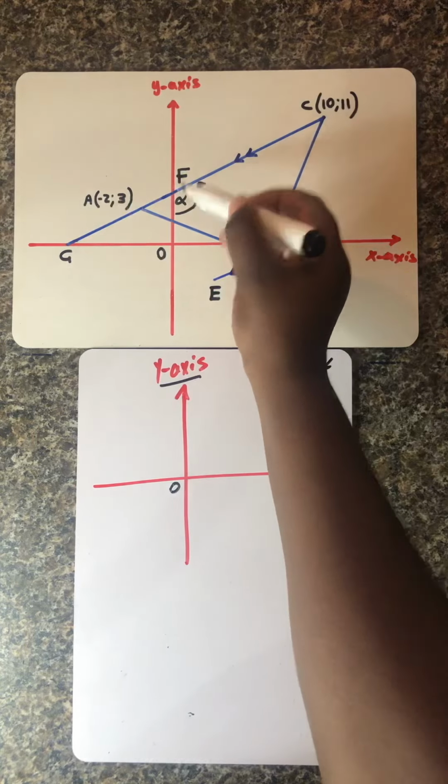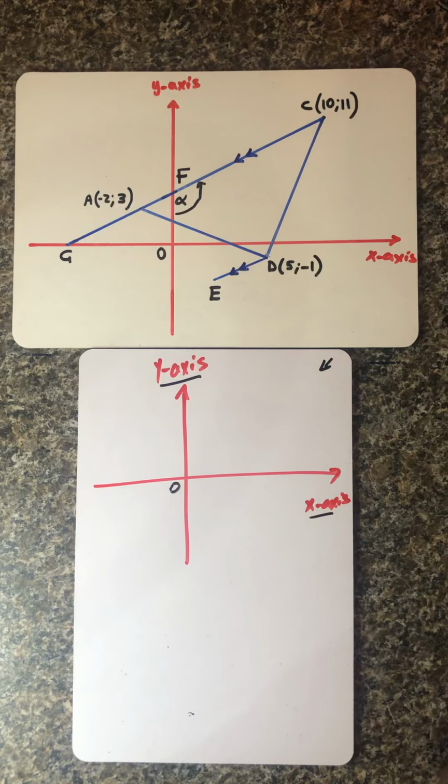Obviously, as you can see there, we've got alpha, and we might need to calculate some midpoints and lengths. The only things you need for this lesson are something to write with, a calculator, and most importantly a glass of water.